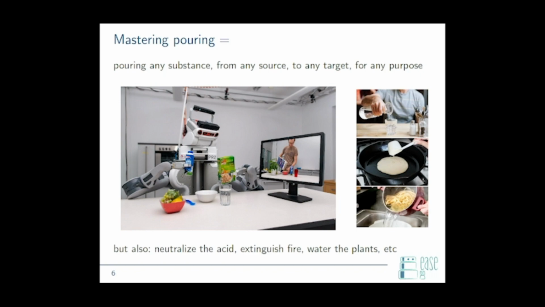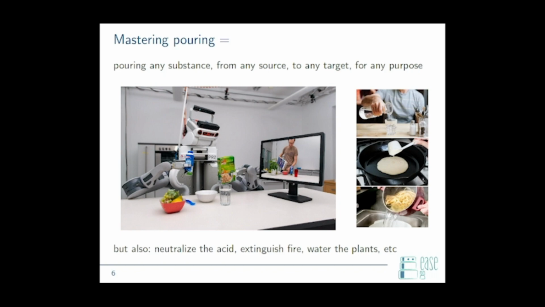So that enables us to pour not only from a bottle into a glass, but to perform other pouring tasks like pouring pancakes, pouring water out of a noodle pot. But there are also much more complicated pouring tasks like neutralizing the acid, extinguishing fire, watering the plants.